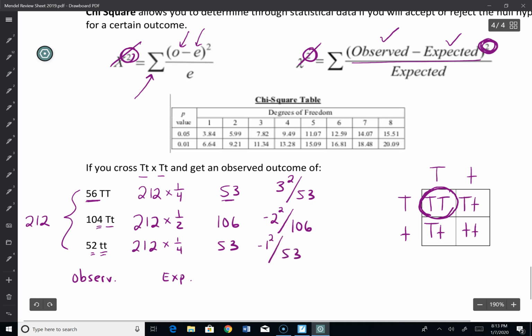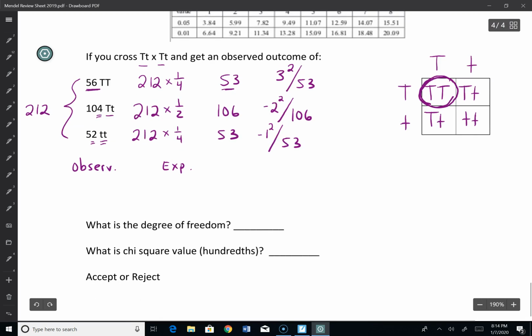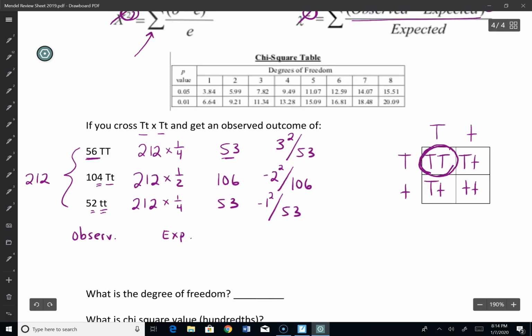Now, when you do these questions, you must be very, very careful to see what they want you to round it to. So now let's do our math, because remember, it's a summation. The first one is going to be 9 divided by 53. That's 3 squared divided by 53. Rounded to the hundredths is going to be 0.17.